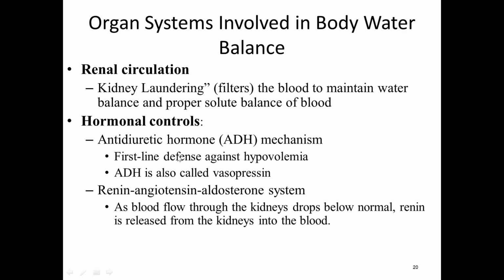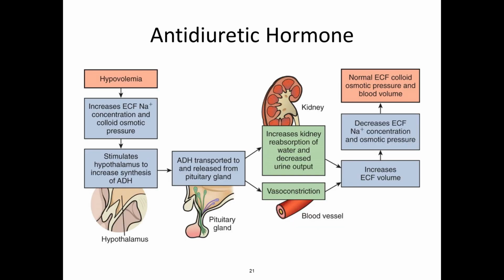Renin-angiotensin-aldosterone system: as blood flow through the kidney drops below normal, renin is released from the kidney into the blood, so that they also absorb water from the loop of Henle, right? These are the antidiuretic hormones.